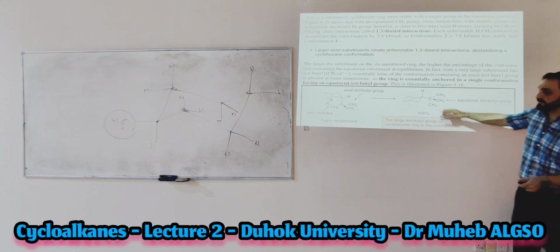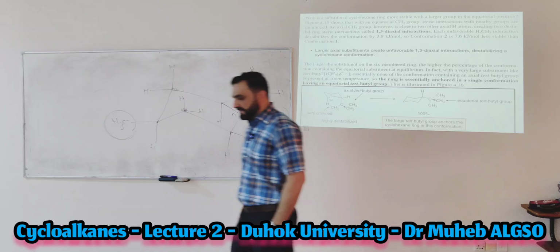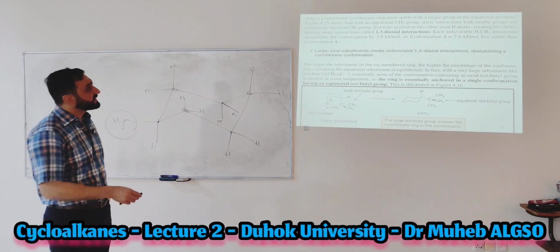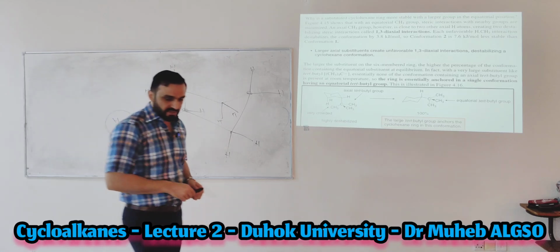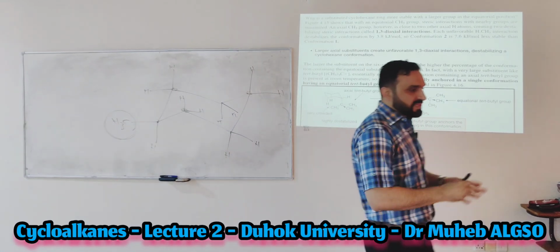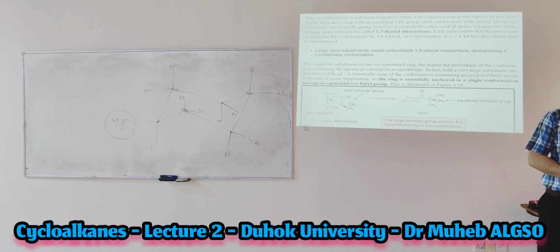Now, is this clear for you? Do you have a question? Do you understand the meaning of 1,3 diaxial interaction? The interaction happens between substituents on carbon number 1 and carbon number 3 in the cyclohexane.